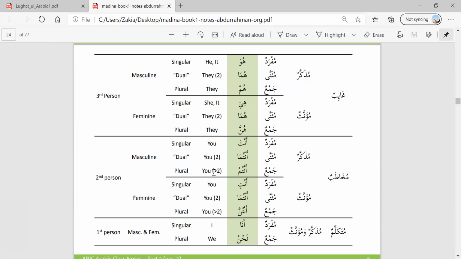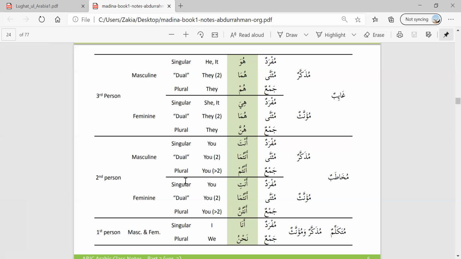This is where you're talking to somebody. Here you talk about you two, so you as in plural, or you all, you two, and you. Two people and more than two. Here you're talking about them two masculine, them two feminine, them females, and them plural males.